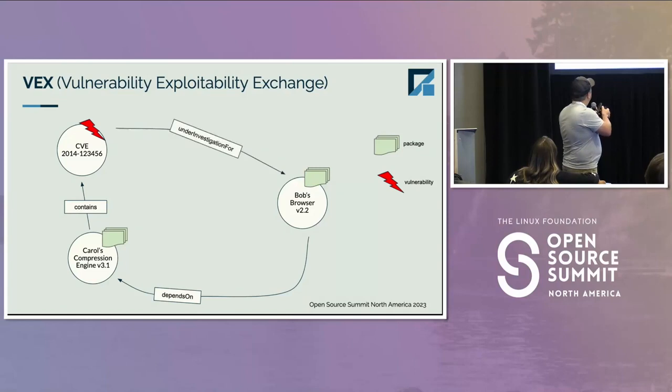So the first thing that's going to happen, and this, the Vex author, which in this case you should have as an authoritative source of Vex information, is going to be Bob, right? Because if you think about it, if you're running Bob's software, you're already trusting him to understand what he's shipping, and he may understand the impact that this CVE has on his browser, which came through this dependency here.